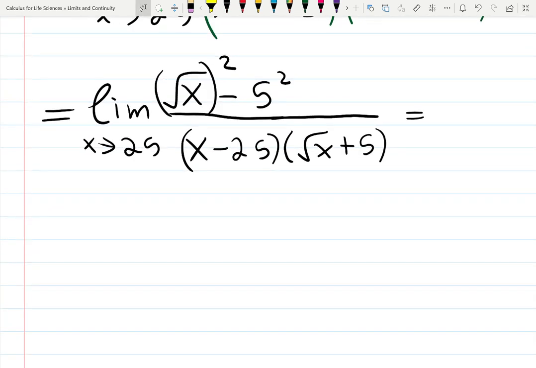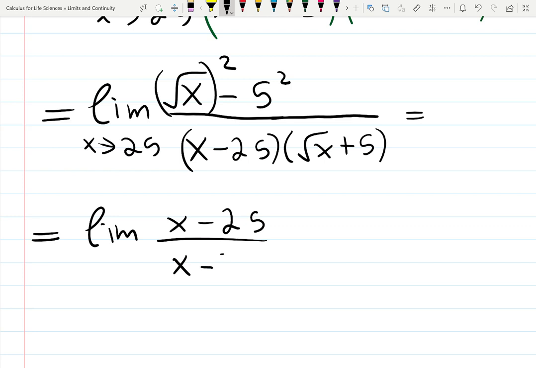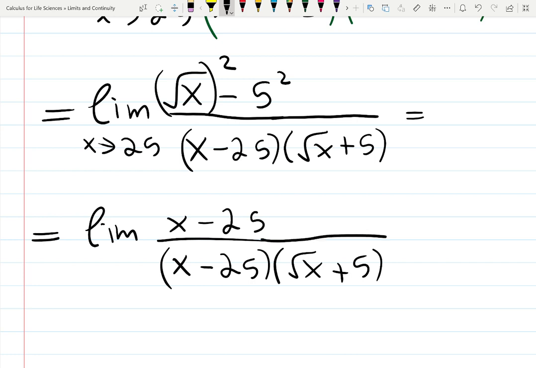So the top looks like x minus 25, and you have it in the denominator. Moreover, that was a troublemaker. So that is not a coincidence. That is happening because you multiply by the conjugate. So we wanted this to happen. Now, since x is only approaching 25 but actually never reaching it, we can cancel this out.